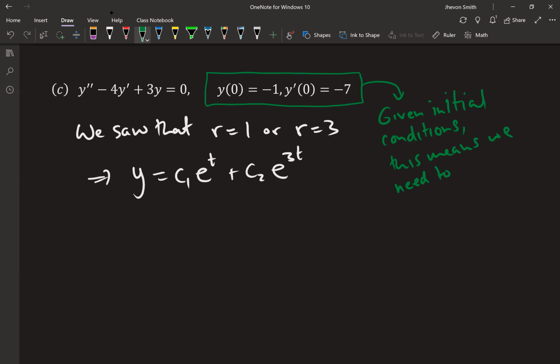There's a specific one of these functions that is going to give me what I need. Solve for the arbitrary constants. Now notice here, our initial conditions are given, we are given two pieces of information.